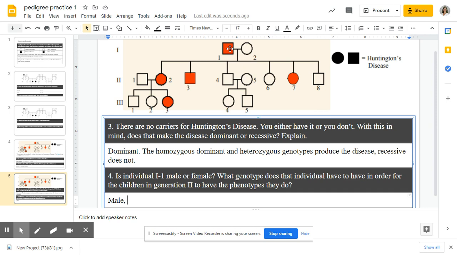Because think about it. If you put in this area a capital H and a capital H, and then a lowercase, all of your children would be afflicted with Huntington's disease. And that's not what happened. So the only way to get that chance of not having Huntington's disease is to have the heterozygous genotype here and the homozygous recessive genotype with parent 2. So that means that parent 1-1 has to be heterozygous.